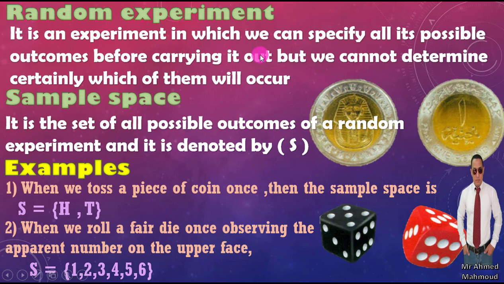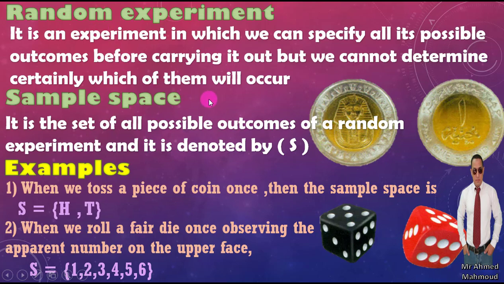Now we have studied the random experiment and the sample space. Of course, you don't need to memorize the definitions because they aren't included in the exam, but we need to understand what the sample space is and what a random experiment is.